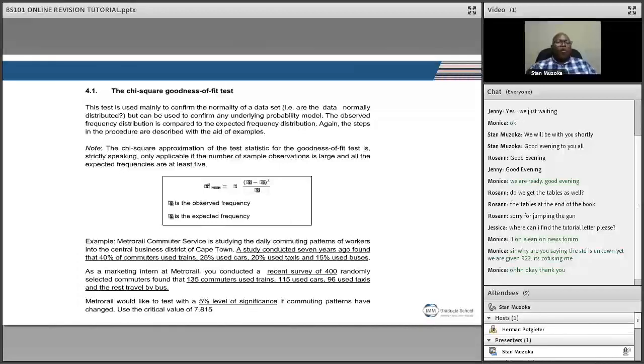At times as well, we may be asked to test for goodness of fit, which is what I have for you there. And we use the chi-square goodness of fit test. I am talking about chapter 10.